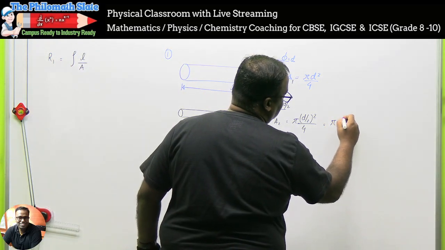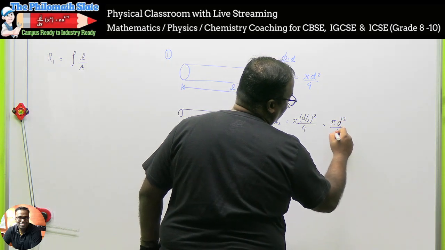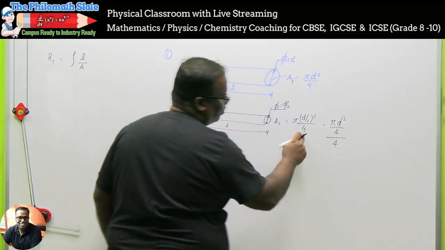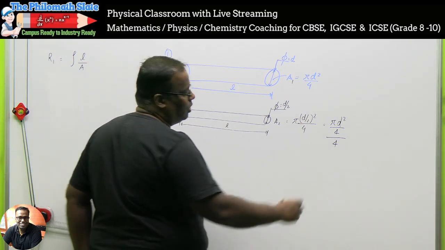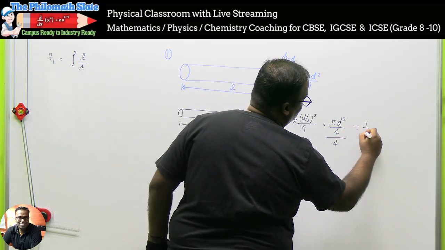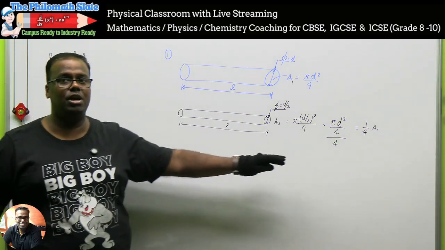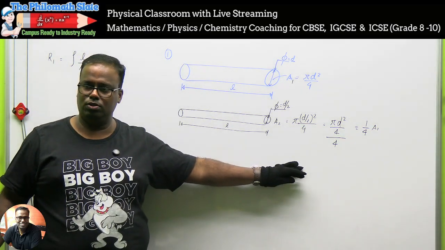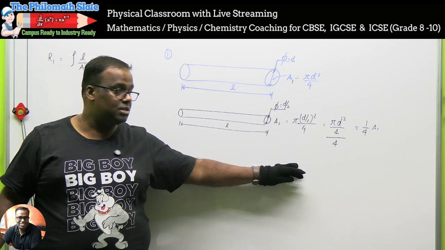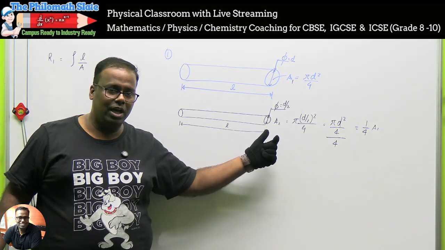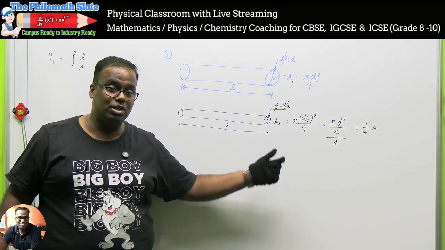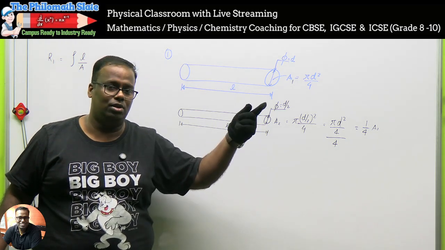Pi d square by 4 divided by another 4. Can I not write it as 1/4 A1? ये चीज समझ में आया? I can write it as 1/4 of A1. That means if you halve the dia, the cross section falls down by a factor of 1/4.